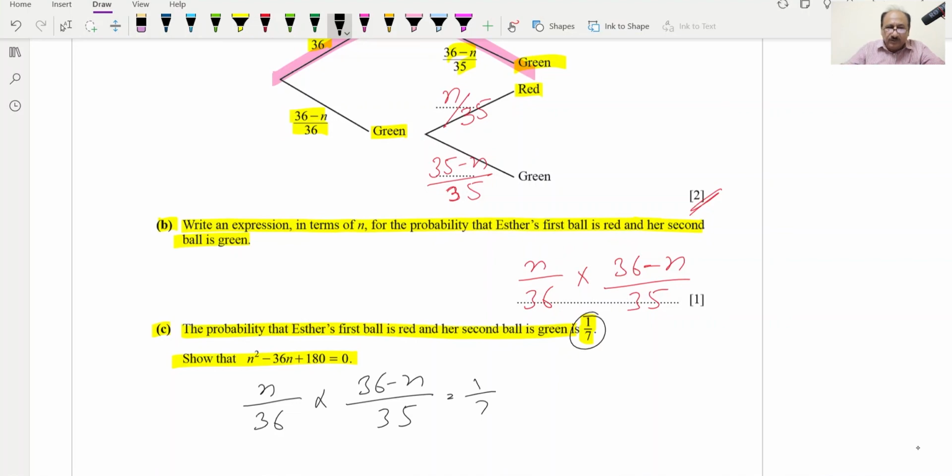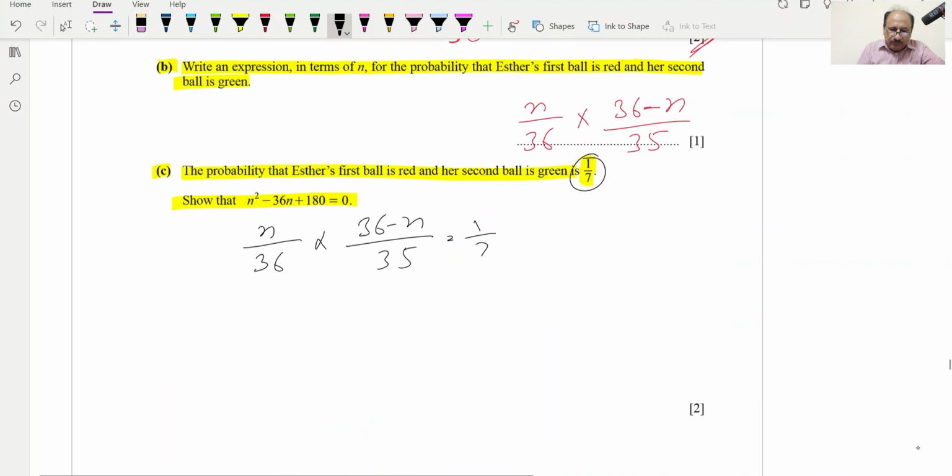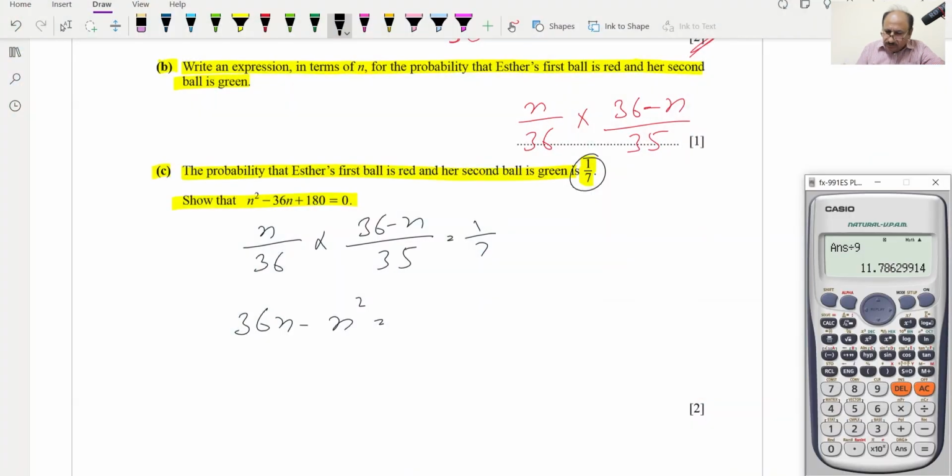1 by 7. And now we will have to just simplify, and for that what we can do is multiply this numerator with this one and we will get 36n minus n squared is equal to 35 into 36.